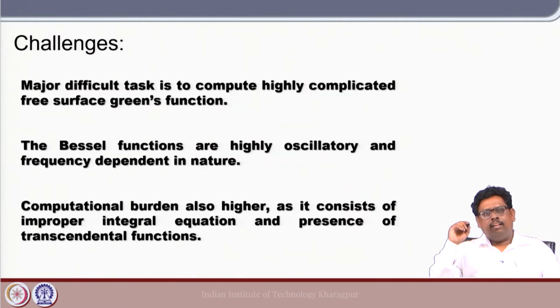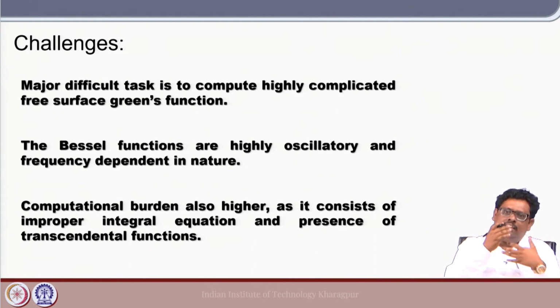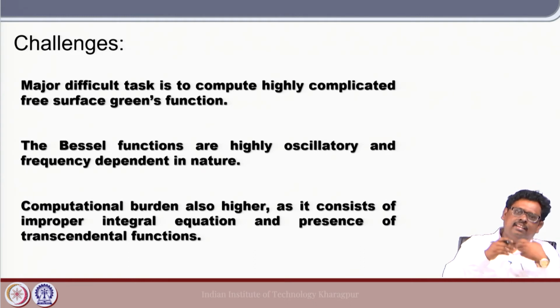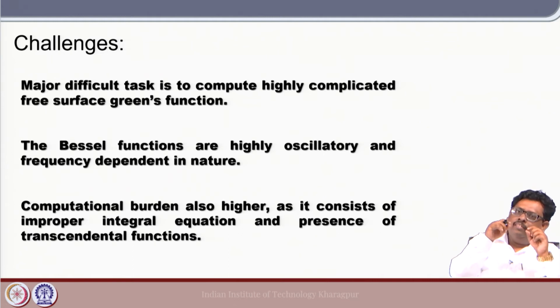Okay. Now, the challenges. Again, as I said, sometimes I am hammering things again and again just to make you realize that I really want you to understand it in that way.